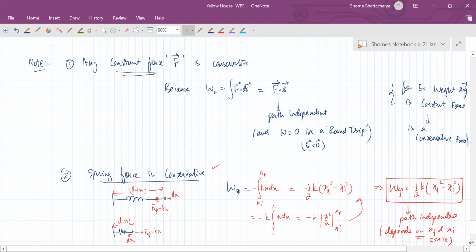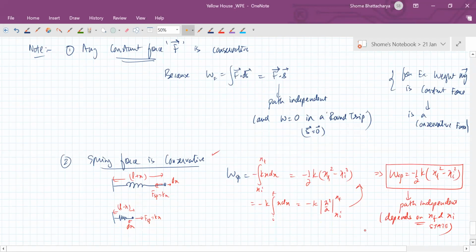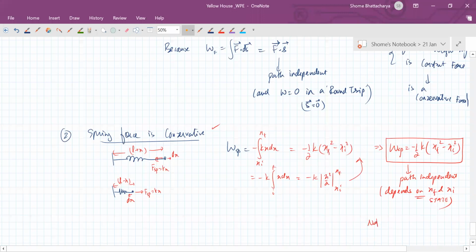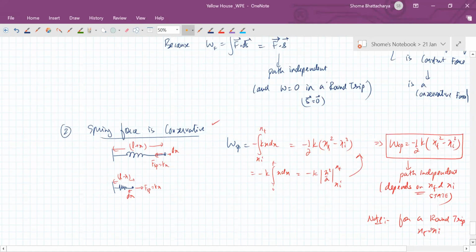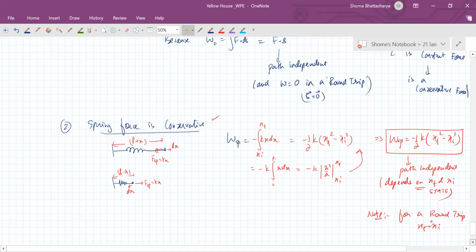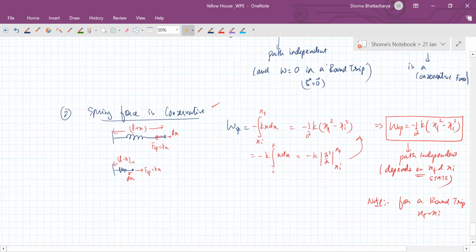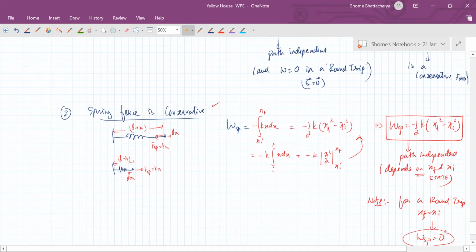You can also see that work done in a round trip will be zero. So the final state is equal to the initial state, and work done by the spring will become zero. That is a necessary condition for a conservative force, that work done in a round trip must be zero. So it is conservative.